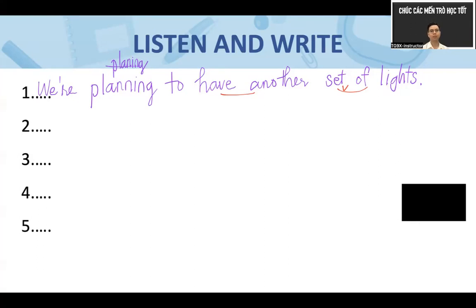Just by the entrance. Just to the north of the school. Up towards the parking spaces.